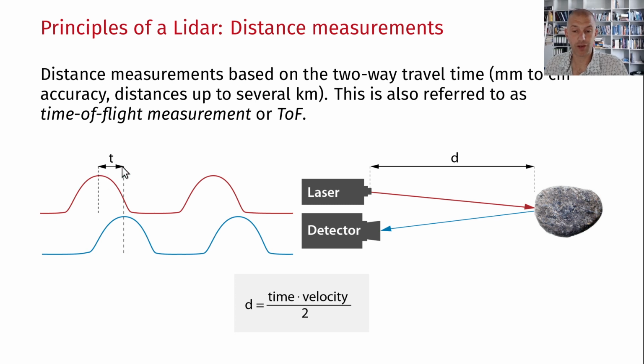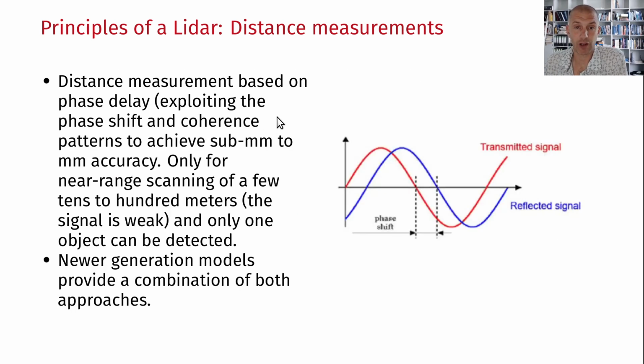So we can measure the time difference of a specific point, for example, of a peak. And because we know the velocity of light, we can convert that into a distance. This is what we refer to as a time of flight measurement, or TOF. This is the most widely used way of measuring LiDAR distances, but it's not the only way.